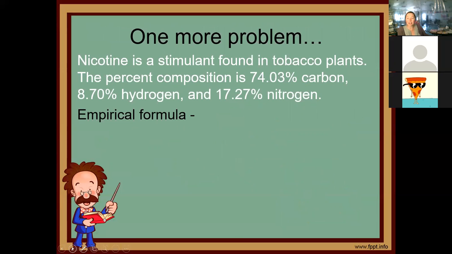All right, let's do this one. So nicotine, which is in tobacco plants, the stimulant in tobacco, is carbon, hydrogen, and nitrogen. So let's figure out the empirical formula from all that data. So we're going to turn our carbon into grams. Good. We're going to do that by using the molar mass of carbon. Carbon's 12.011 grams per mole. There's our carbon.